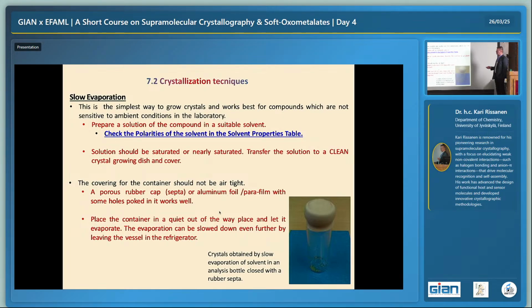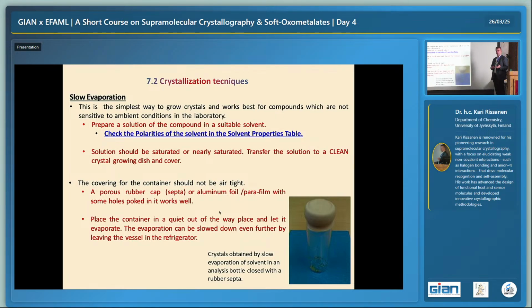And now it's easy to understand the idea. Of course, the polarity makes a big difference. You use a non-polar solvent or polar solvent, is it an aprotic solvent and so on. You also have to think about this when you're looking at your target molecule. So if your target molecule is, for example, a metal complex, then you have to be sure that you will not destroy your metal complex when you are dissolving it.